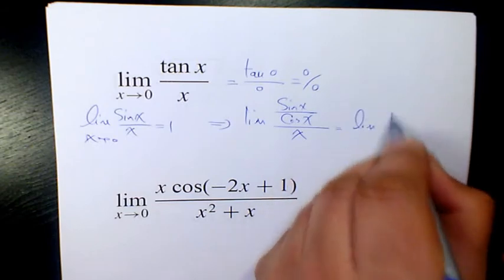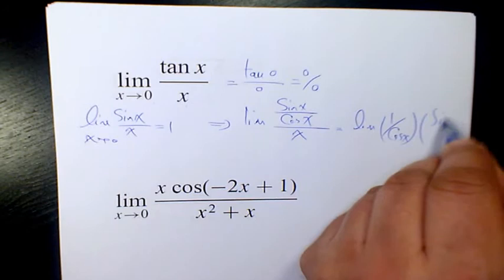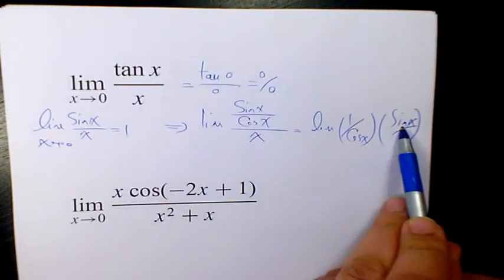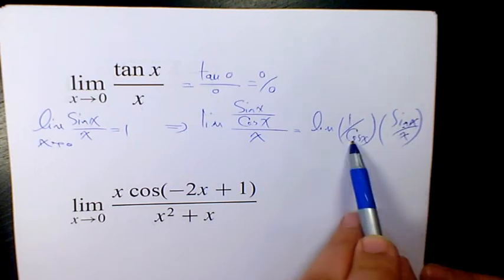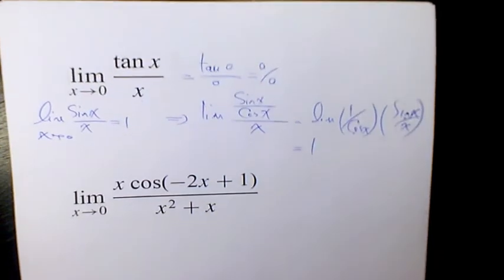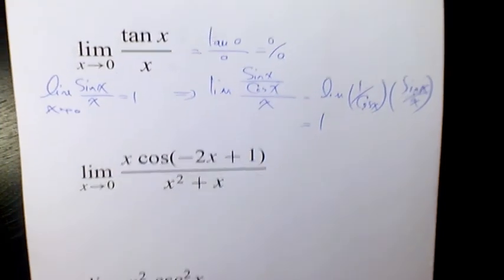That's going to make it 1 over cosine times sine x over x. This part is 1. This part is 1 over cosine 0, which is going to be 1 as well. So 1 times 1 is 1. So tan x over x when x approaches 0 is 1.